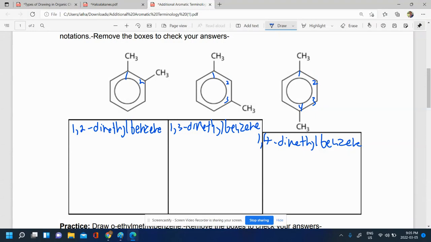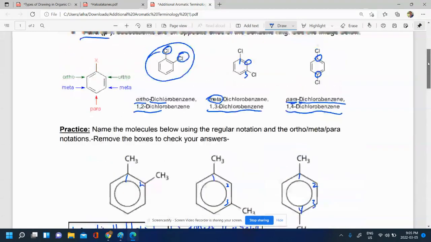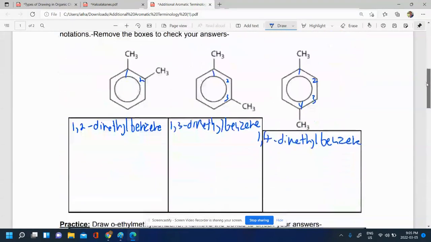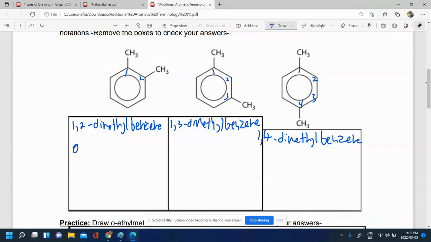So here where they're right next to each other, remember we can call that ortho. So this is going to be ortho, or you could just put O, ortho dimethylbenzene. Here they're separated by one carbon, so that's meta.